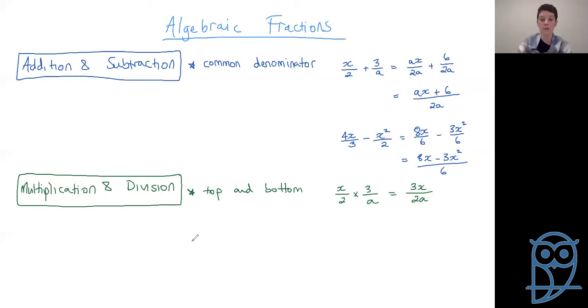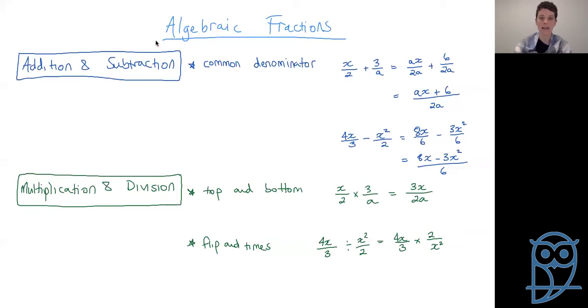Division, remember we're going to flip and times. So for example, 4x over 3 divided by x squared over 2, that same one. Now we're going to change that to 4x over 3 times, and we flip. And now you can see we have some cross-cancelling that we can do.